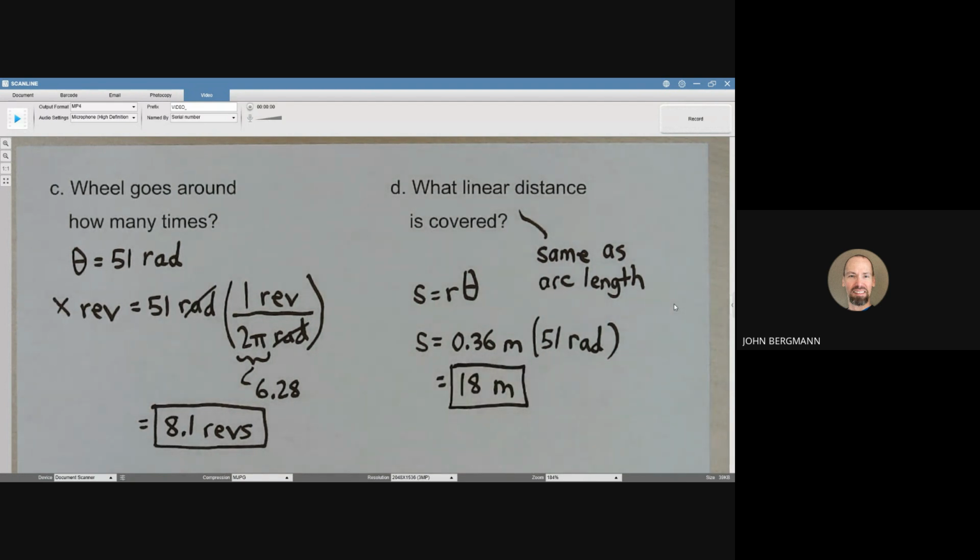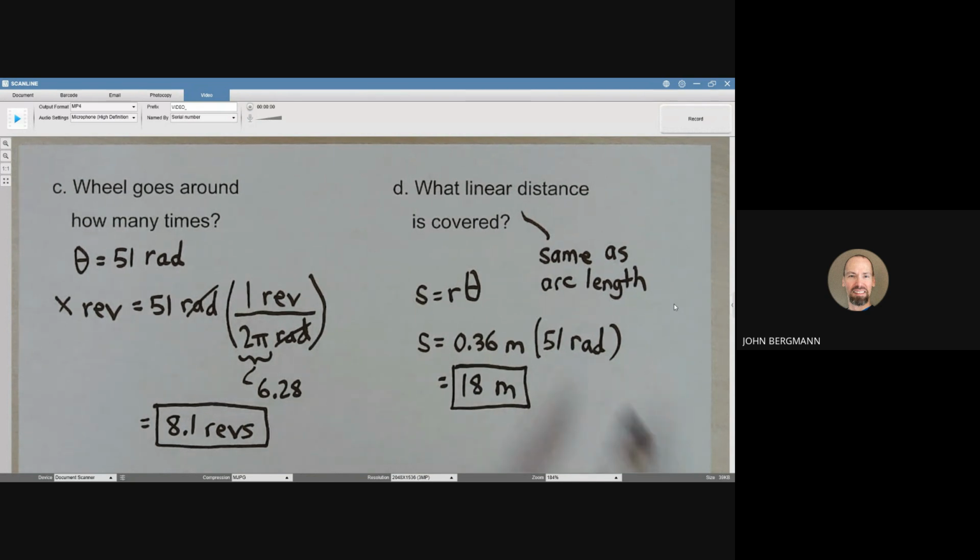You might be a little bit concerned about the unit, meters times radians giving us meters, but we said early on that a radian is kind of a nothing unit. It's kind of a unitless unit, but we often don't feel comfortable saying nothing, so we say radians. Well, in a case like this, when you multiply meters times radians, the radians really disappear, and you end up with just meters.